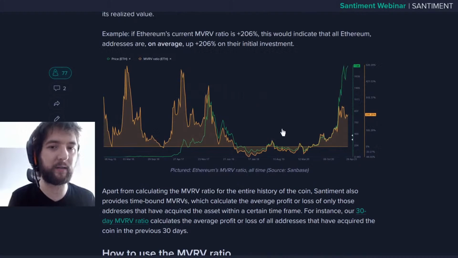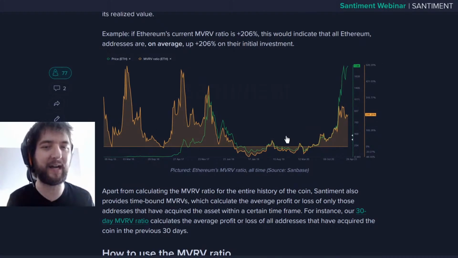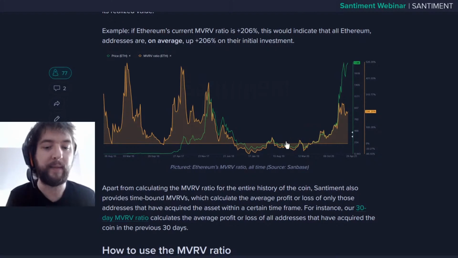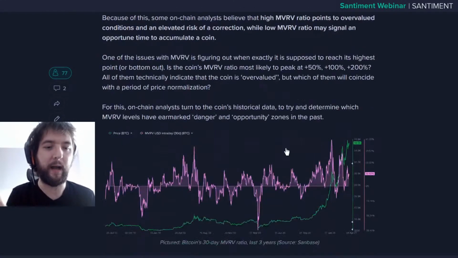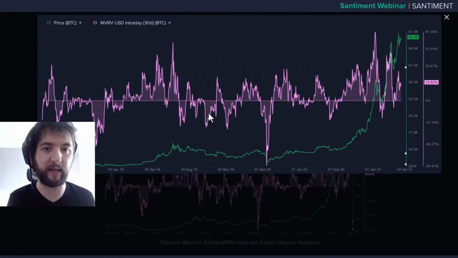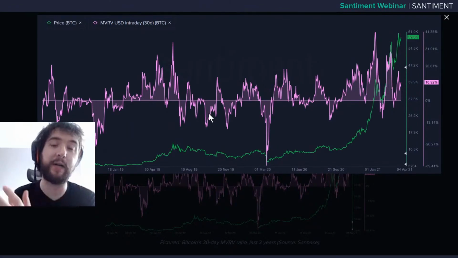So outside of calculating the MVRV ratio for the entire lifespan of the network, at Santiment we have also introduced MVRV for a specific time frame, like for example the 30-day MVRV, which you can see here, which calculates the average profit or the average loss of all addresses that have acquired, in this case, Bitcoin within the previous 30 days.